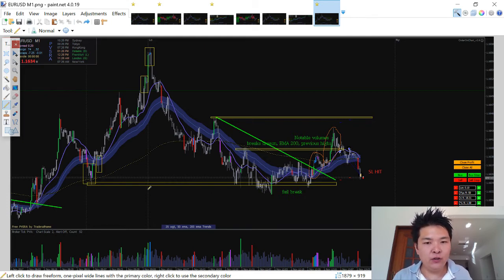So first of all, here he says, oh, fail to break. So probably he saw this support. But the thing is, when you look at this support here, when I look at this green candle, it actually broke it. It broke this support, and it broke it really a lot, because it went all the way down here.